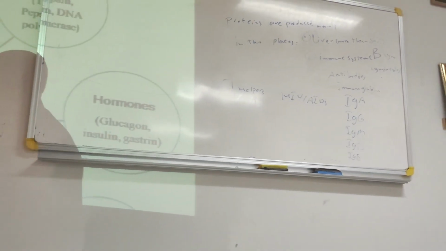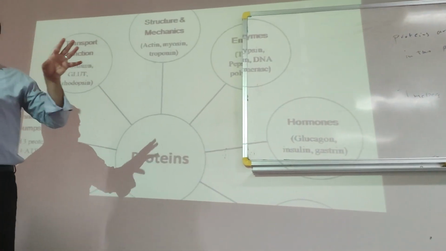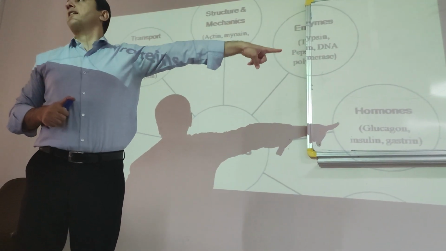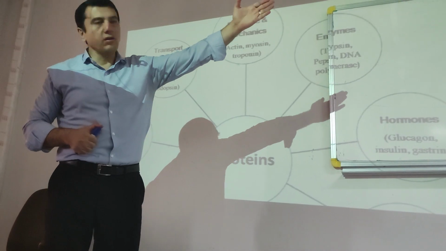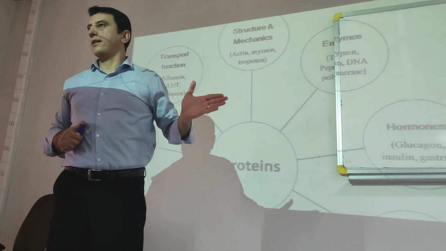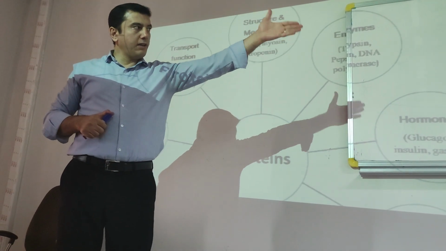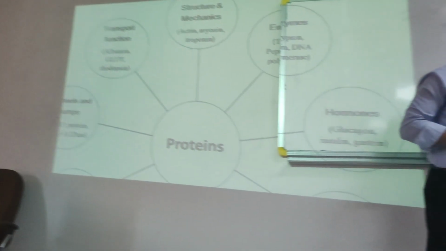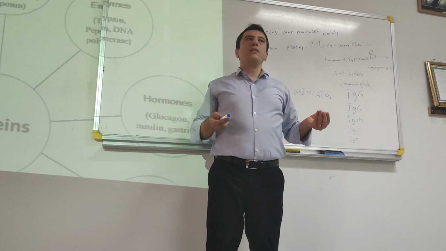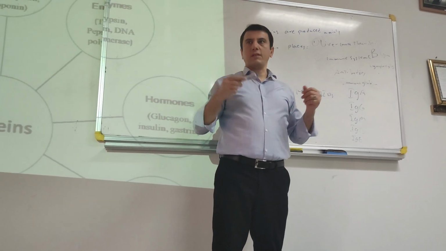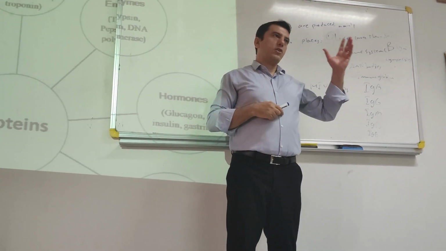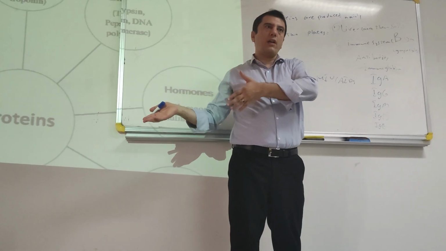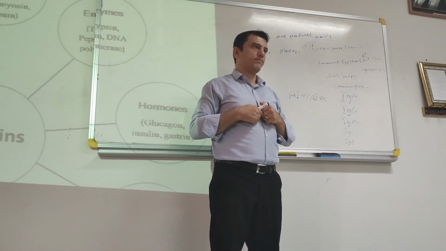These are the 5 main immunoglobulins in our body, which are produced by B lymphocytes. And all of them are proteins. For example, IgG is found in mother's milk when she feeds her child.